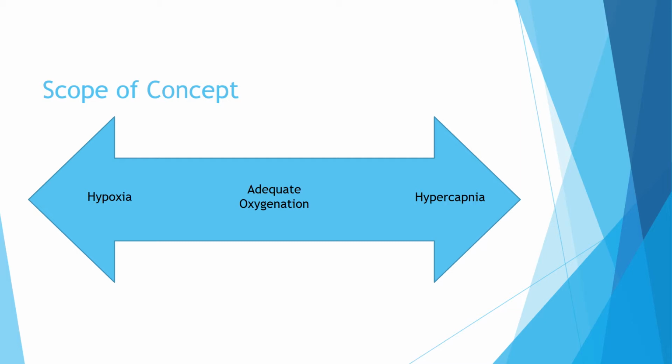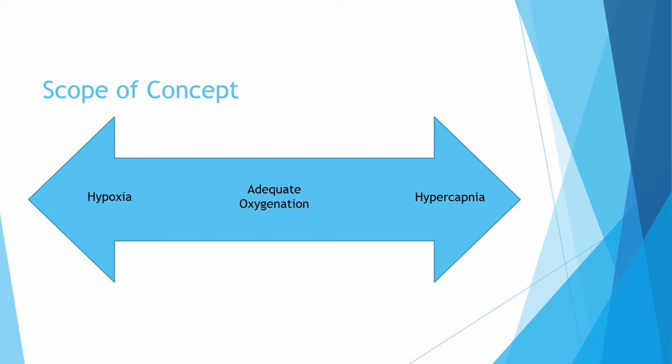If the hypoxia is not reversed and their O2 levels continue to go down, then a late sign of hypoxia would be cyanosis. So that's your hypoxia, low levels of oxygen circulating in the arterial blood.